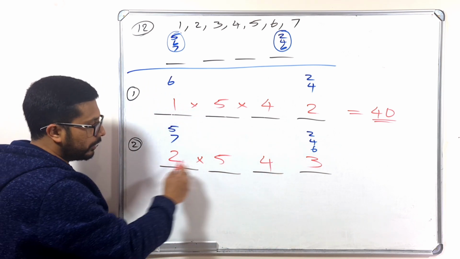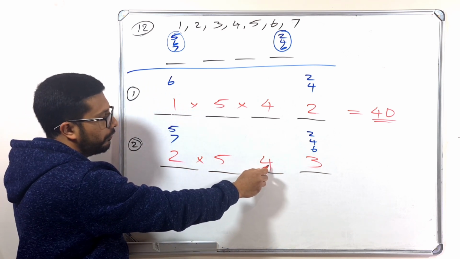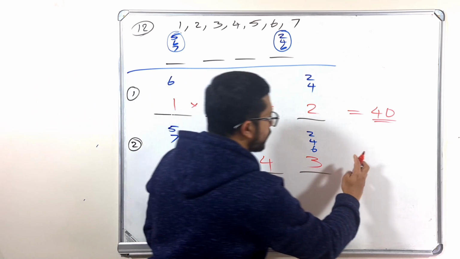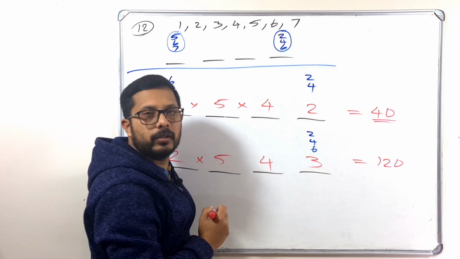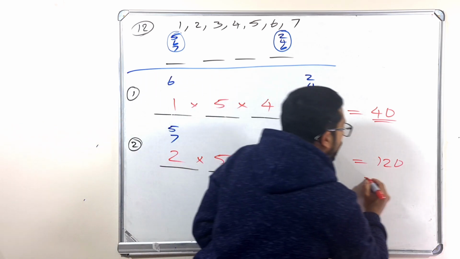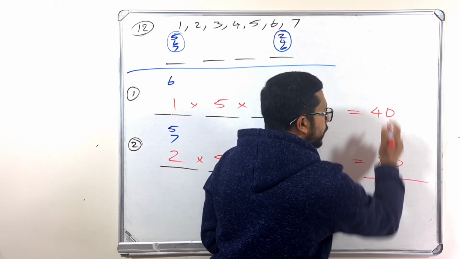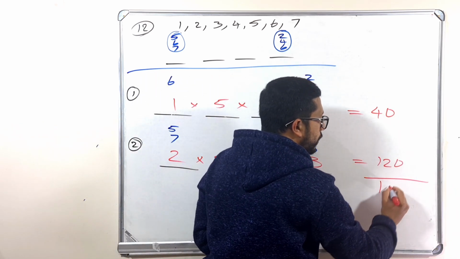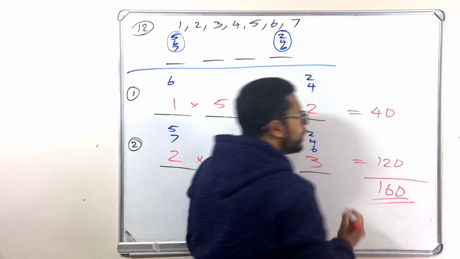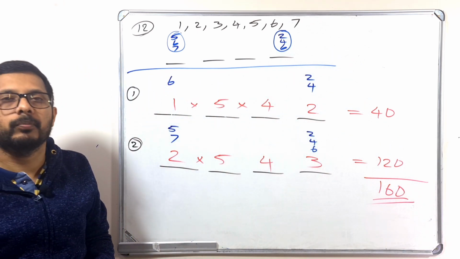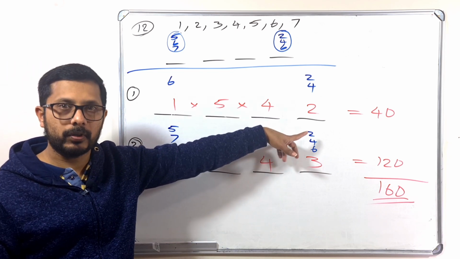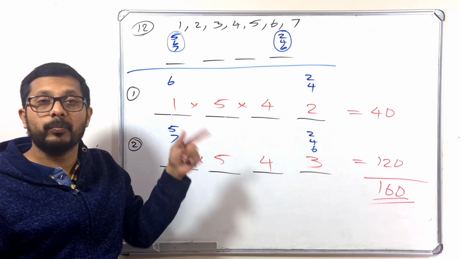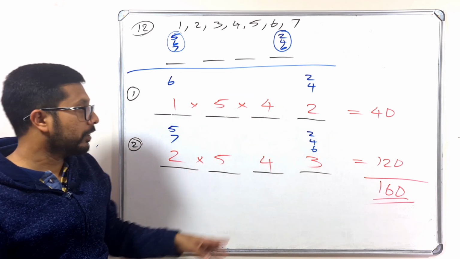Okay. So total 2 times 3 is 6, times 5 times 4 is 20, that is 120. So all together how many options? 40 plus 120, that is 160 different possibilities to make that password.